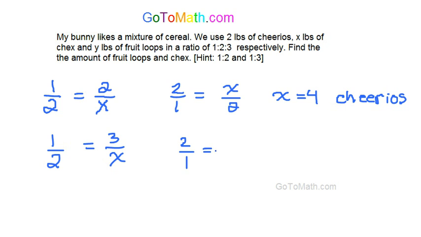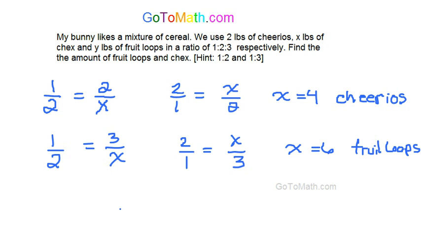Sorry about that, I think I might have told you wrong that first time around there. Sometimes I get confused. So x is equal to 6, right? And this is going to be Fruit Loops. Have you ever had Fruit Loops? Anyway, that's going to be Fruit Loops there.